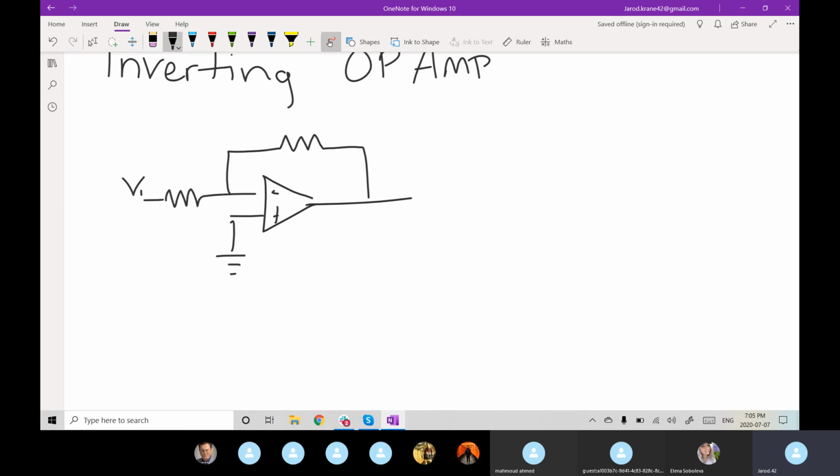Now with this is where we can start to see the rule of no current passing through our pins. So even if we are to supply 2 volts to this pin and we have our 1k on here, there is 2 milliamps here.